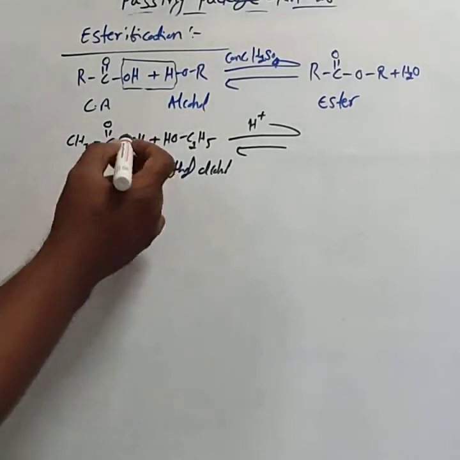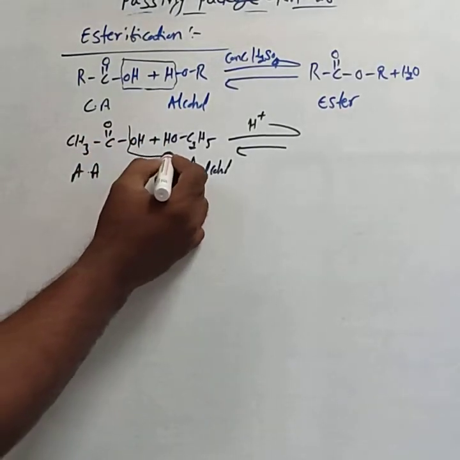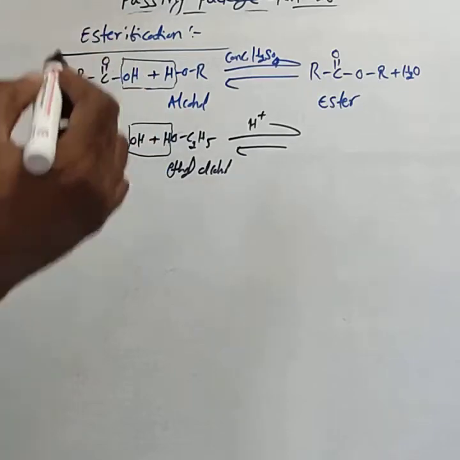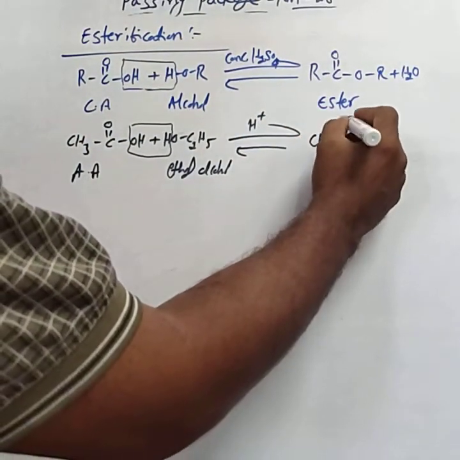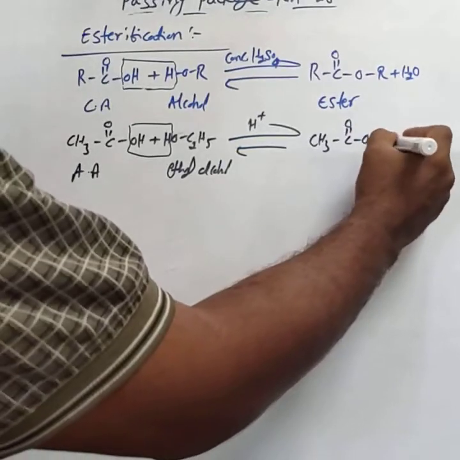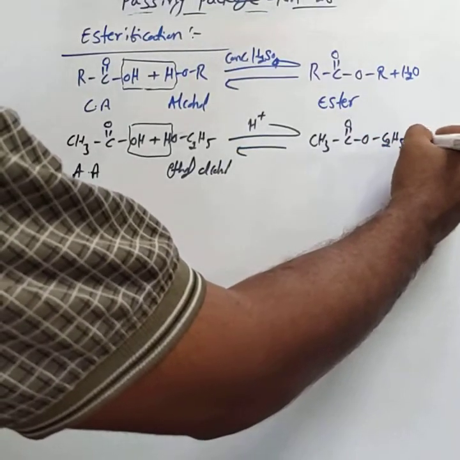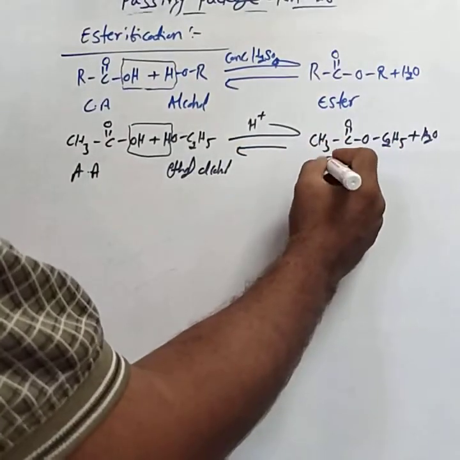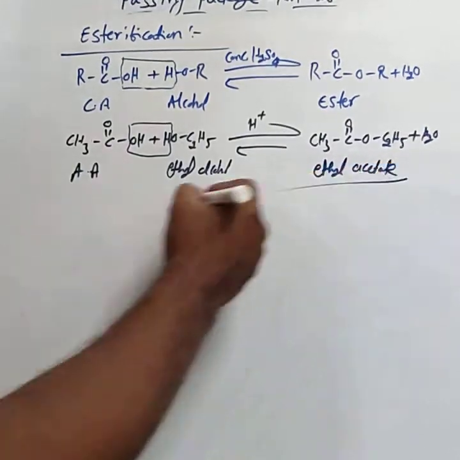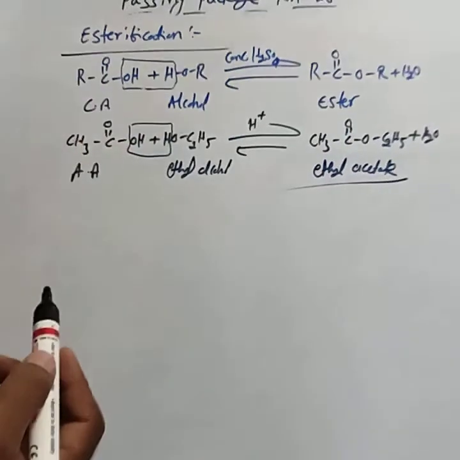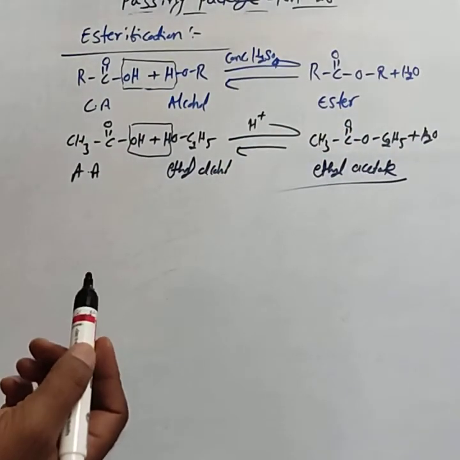The OH from acetic acid and H from the alcohol are removed, and we get CH3COOC2H5 plus H2O. The name of this ester is ethyl acetate.